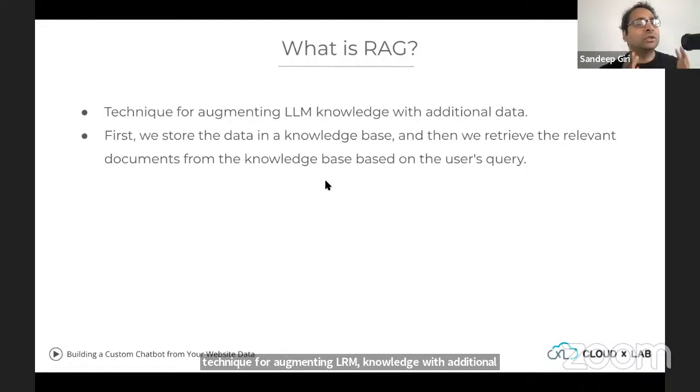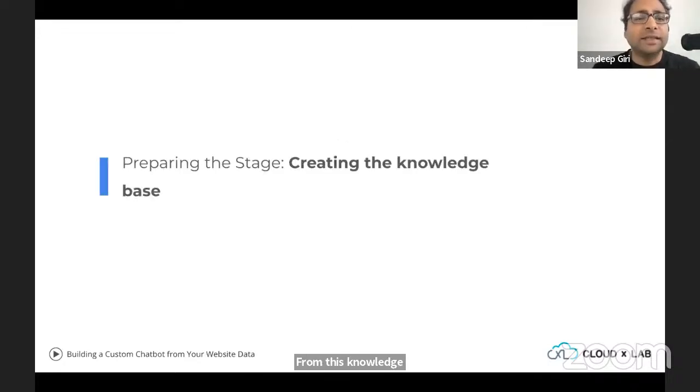We store the data in a knowledge base, and then we retrieve the relevant documents, paragraphs, or context from this knowledge base based on the user's query. The first stage is that we prepare the knowledge base. We need to get all the data from everywhere and store it. Once we have stored it, we try to match the question with the documents.